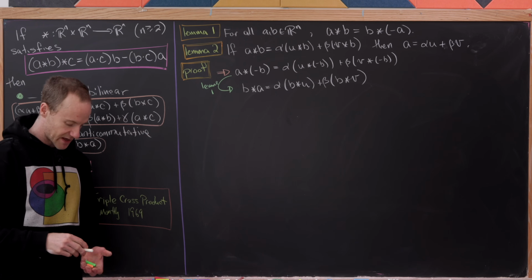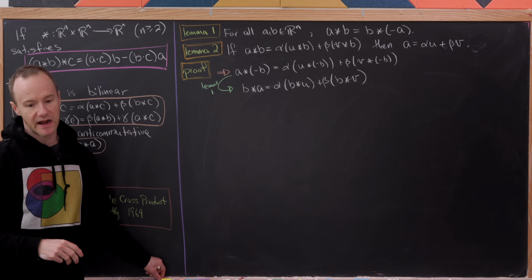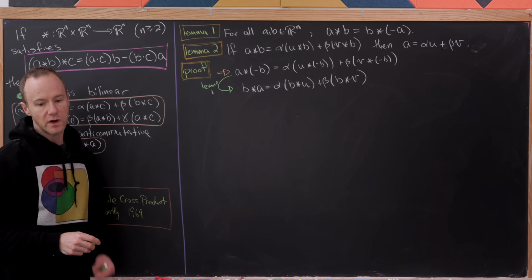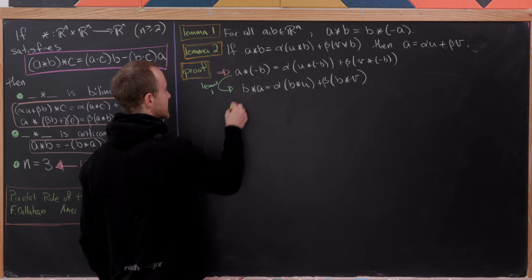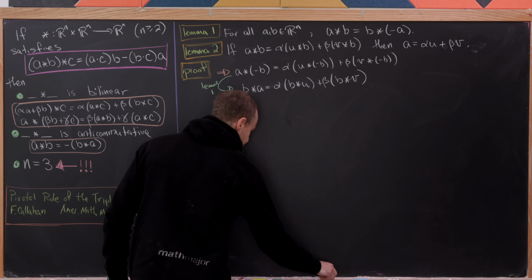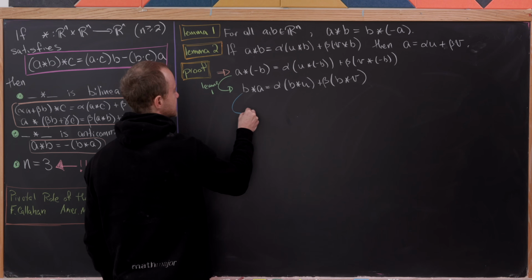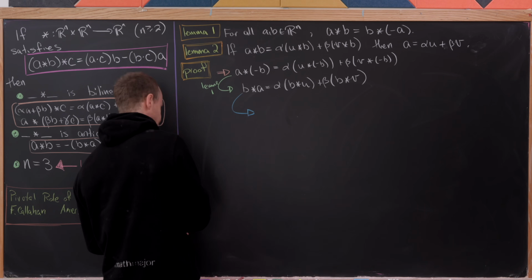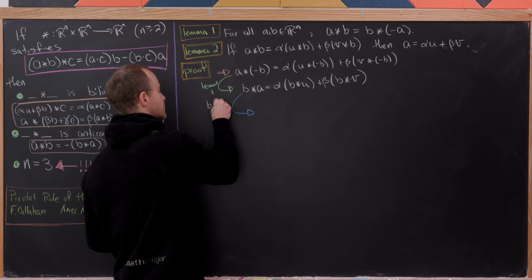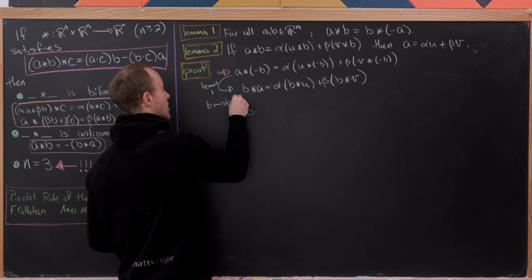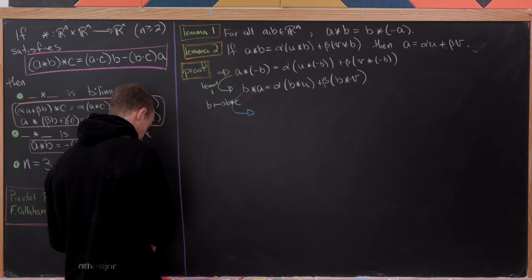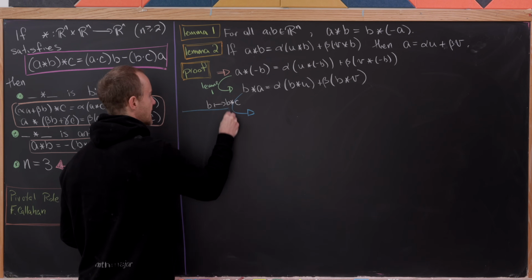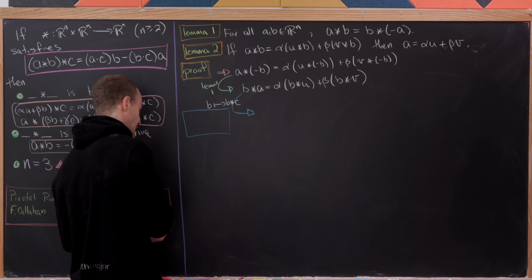Okay, so that's pretty nice. And now we're going to make a substitution here, and our substitution will be to replace B with B star C. I should say here that it's important to choose B and C to be linearly independent.